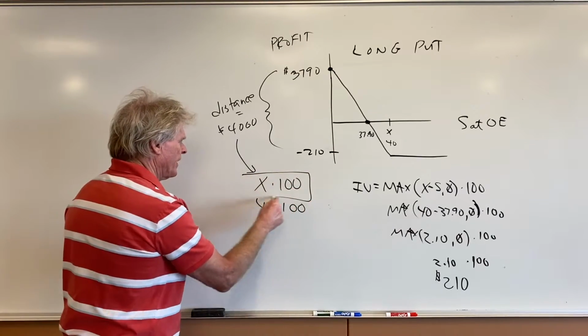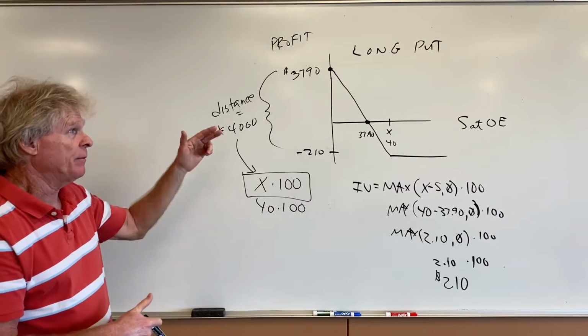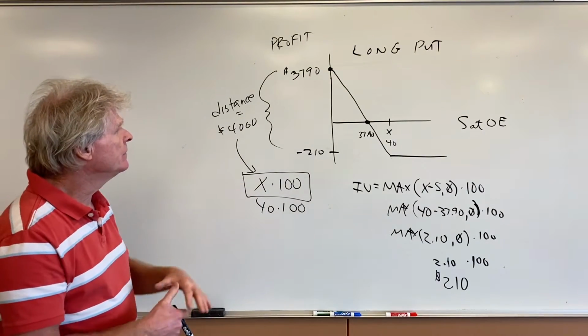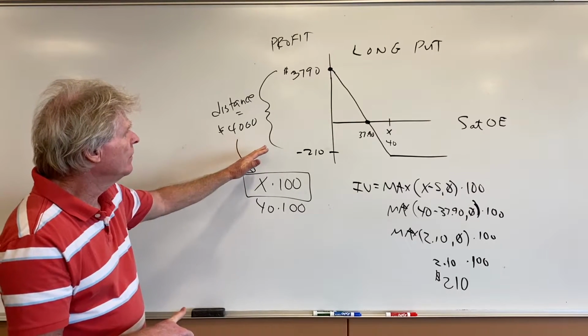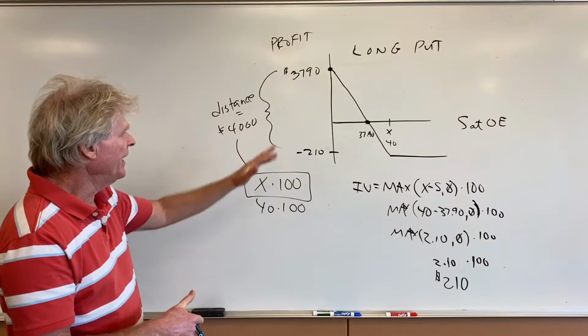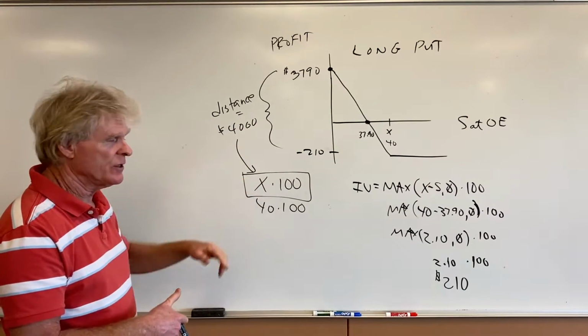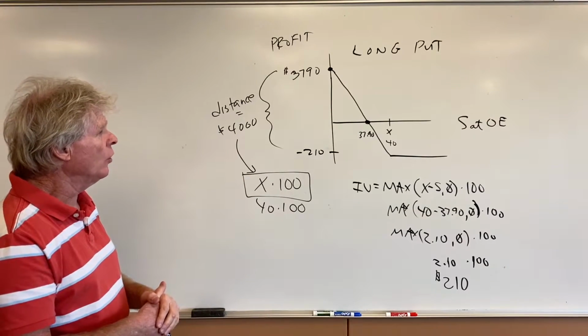But generally speaking, it's the strike price of the put times 100. That's the vertical distance. Same thing is true for any put. This is the general statement. So that is a profit diagram for a long put.